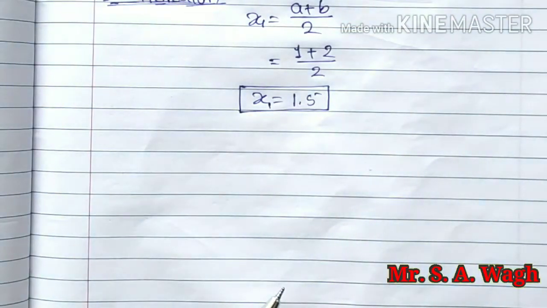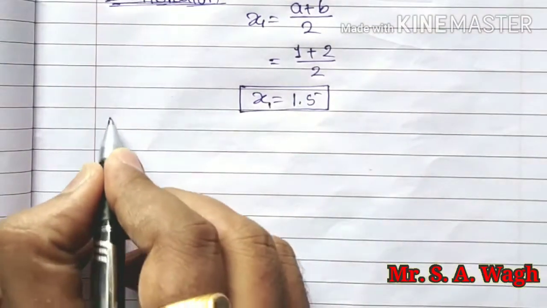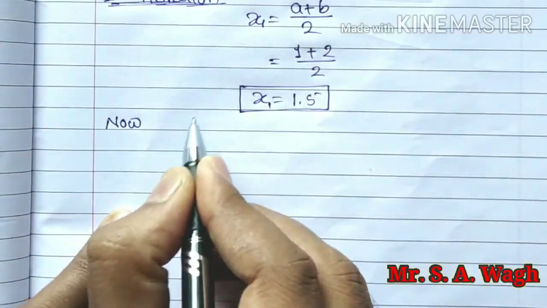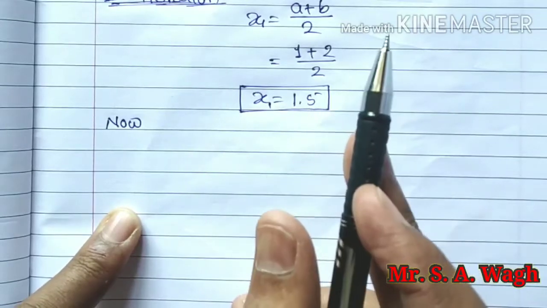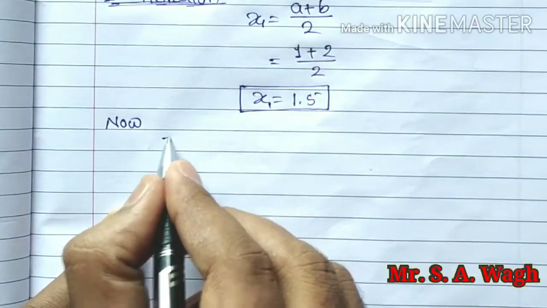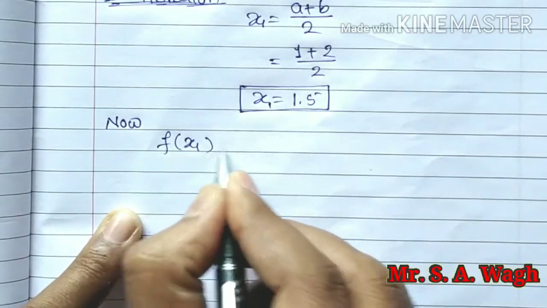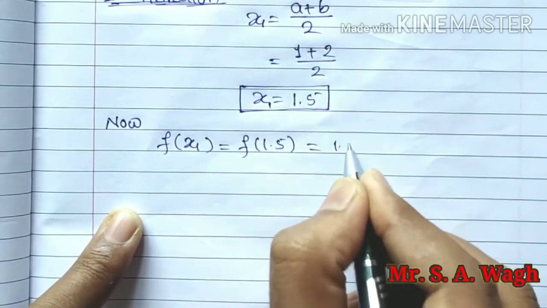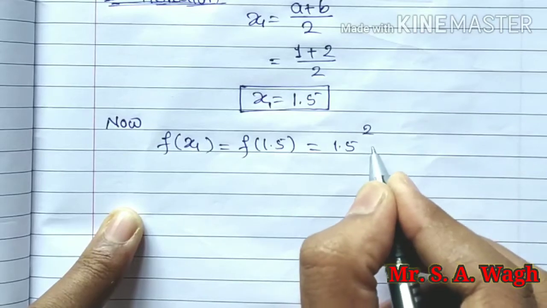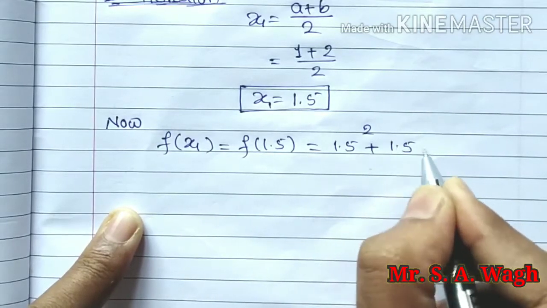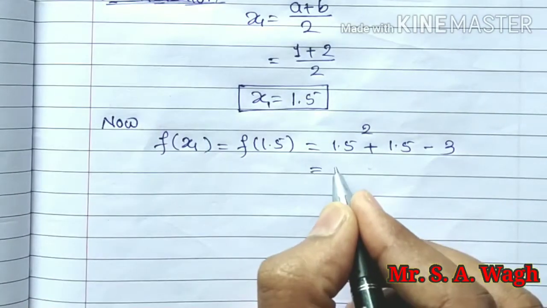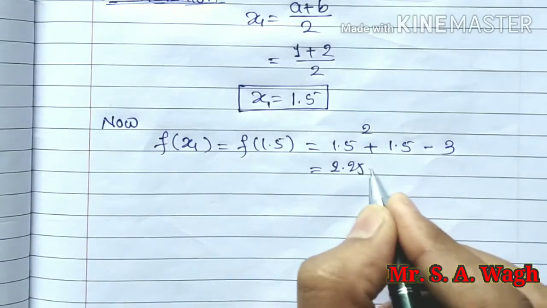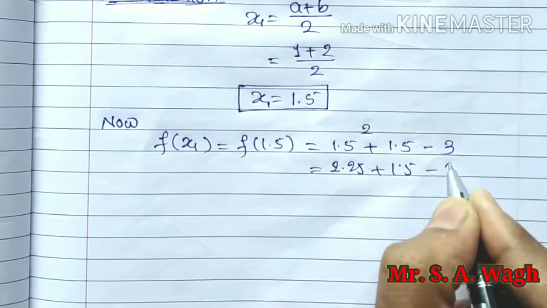Now we have to calculate again. So if this is a solution, for this value the function should give 0, and so we calculate f of x1, that is f of 1.5. So this is 1.5 square plus 1.5 minus 3, 2.25 plus 1.5 minus 3.